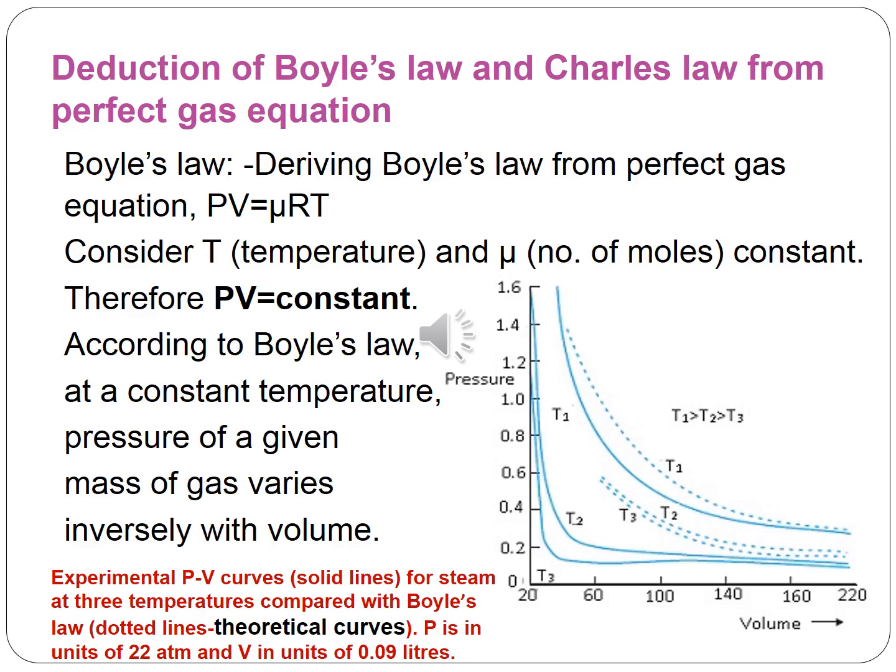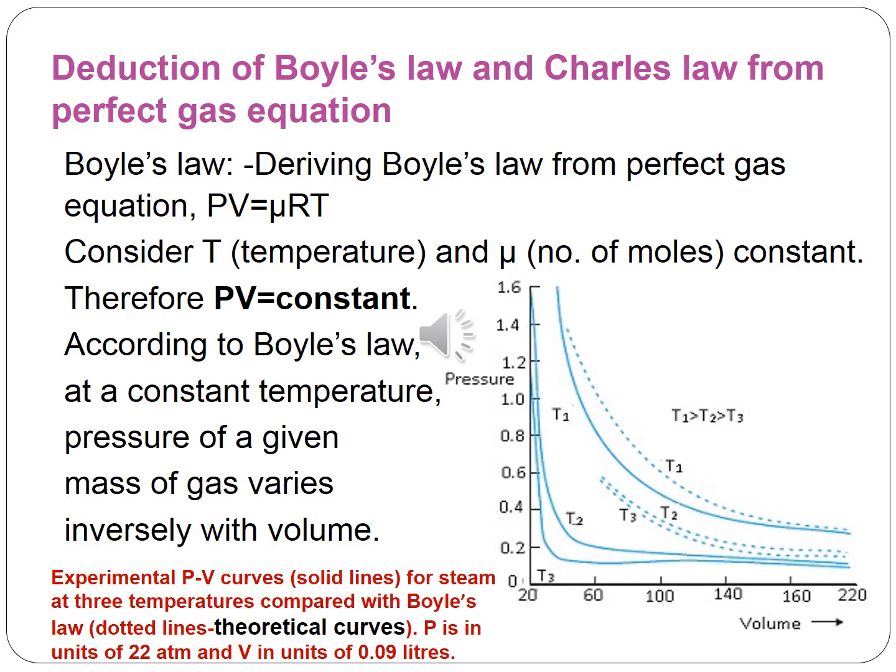The given graph shows the experimental pressure-volume curves, which are represented by solid lines for steam at 3 different temperatures T1, T2 and T3, where T1 is greater than T2, which is greater than T3, which are to be compared with Boyle's law, which is represented by dotted lines.